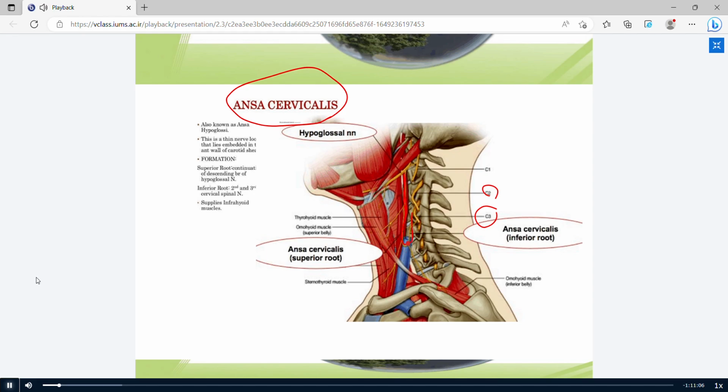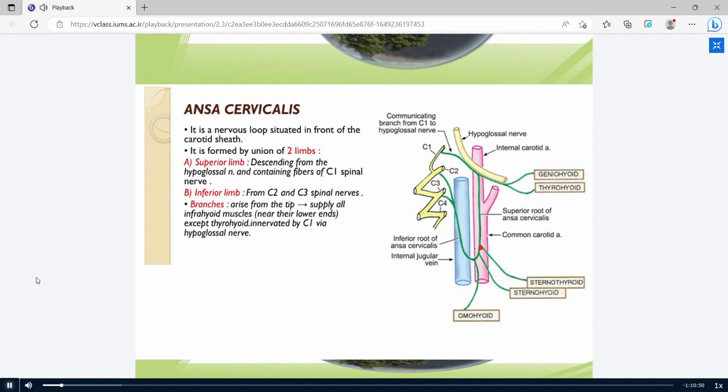Ansa cervicalis innervates infrahyoid muscles, all of the infrahyoid muscles except the thyrohyoid muscle. This is the schematic picture showing the ansa cervicalis.